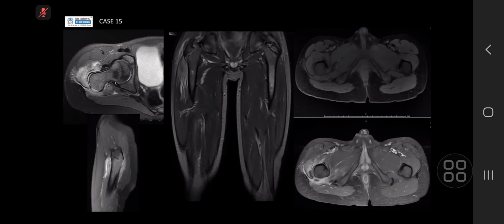Of aggressive lesion, since there is an edema and the cortex be breached, and there is like enhancing collection. So I'll go with osteomyelitis or Ewing sarcoma, aggressive lesion rather than just simple benign lesion.